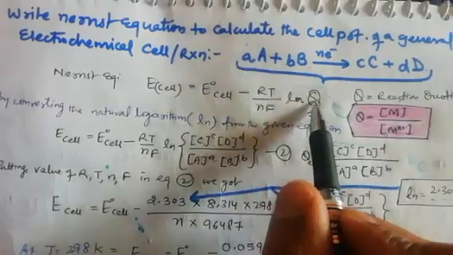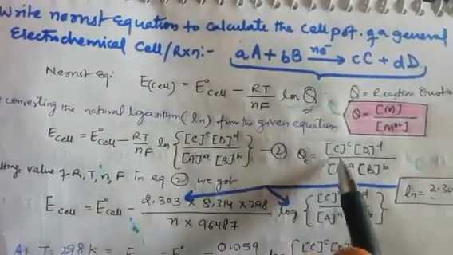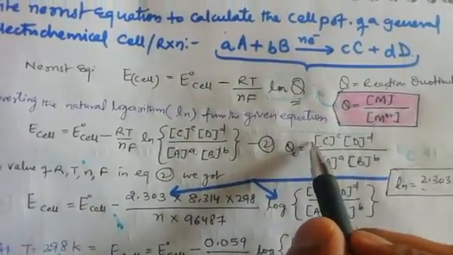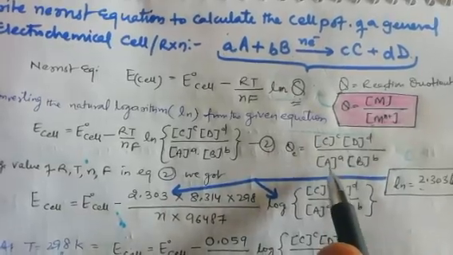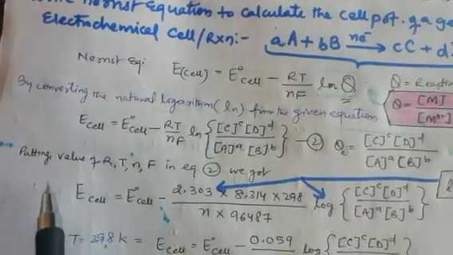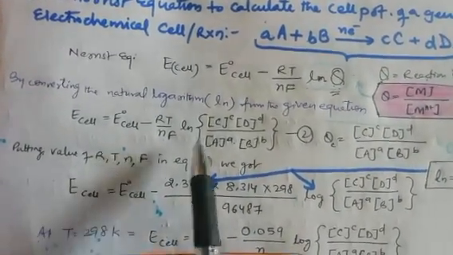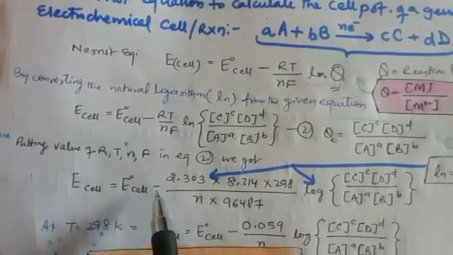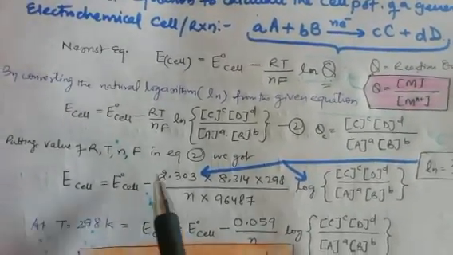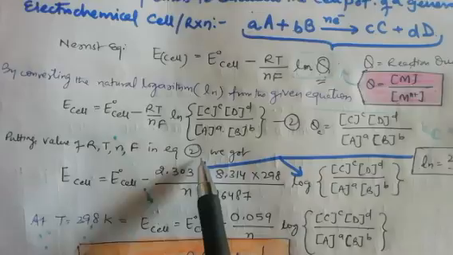Everything is the same, only in place of Q we write this, as in equilibrium you know Kc is the product of the concentrations of the products upon the reactants. By putting the values of R, T and F as we did in the previous presentation, we put it in equation 2.